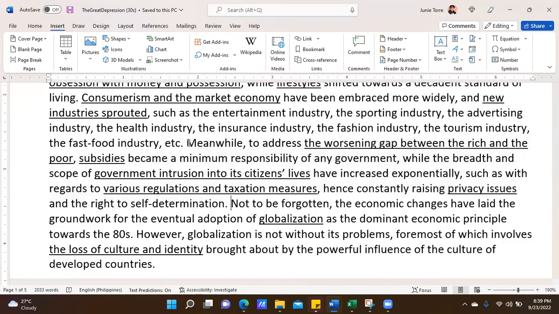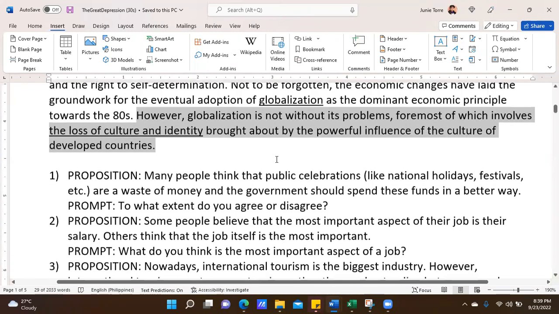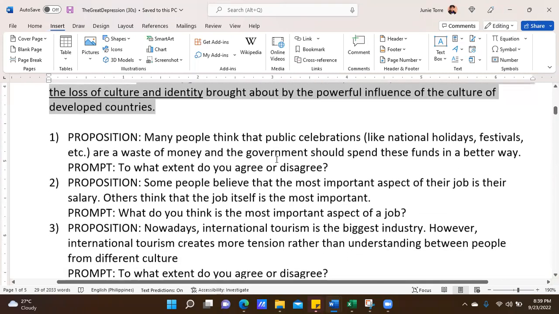Not to be forgotten, the economic changes have laid the groundwork for the eventual adoption of globalization as the dominant economic principles towards the 80s. However, globalization is not without its problems, foremost of which involves the loss of culture and identity brought about by the powerful influence of the culture of developed countries. So all of these are economic questions.